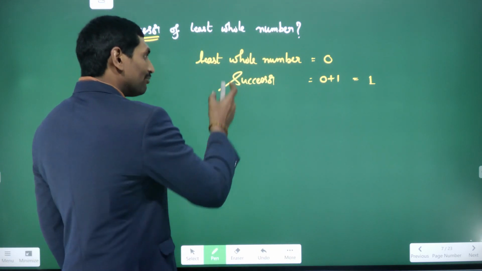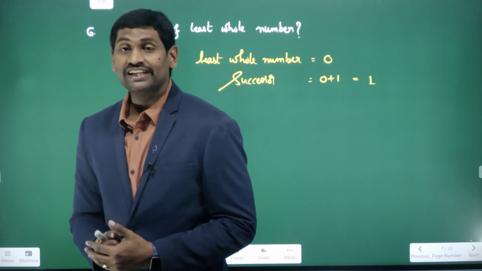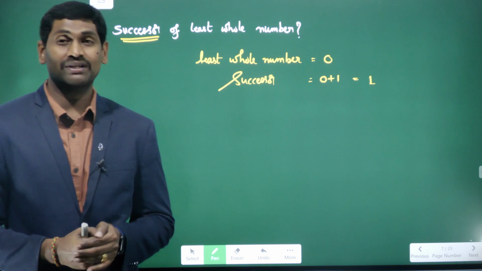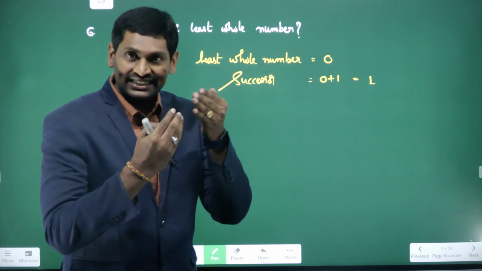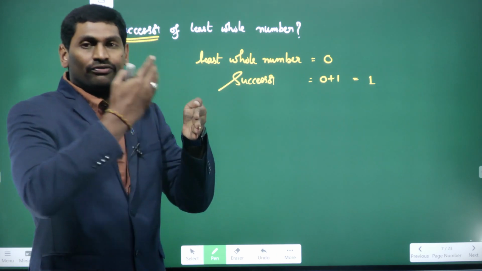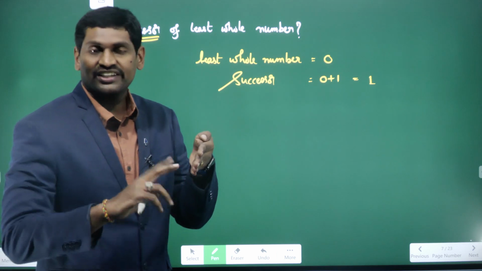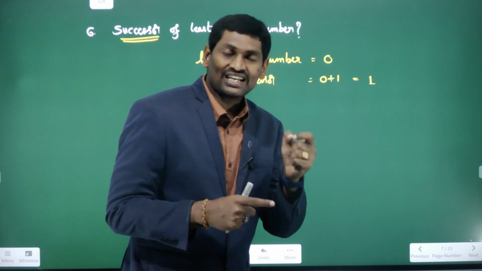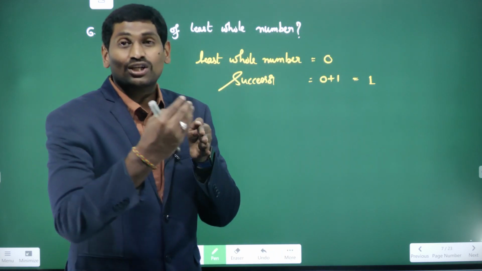Okay. What about the predecessor of the least whole number? There is no predecessor of the least whole number. Predecessor means the number immediately before. In the set of whole numbers, the least number is 0, and before 0 nothing is there in the set of whole numbers. So we cannot consider it. But the question is asking about the predecessor of 0.